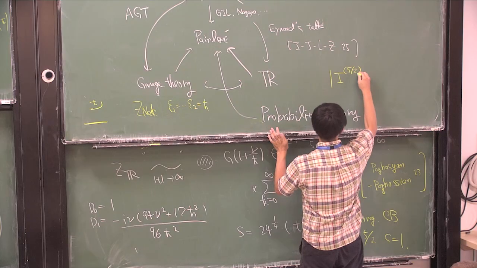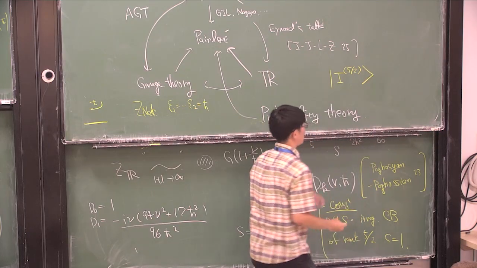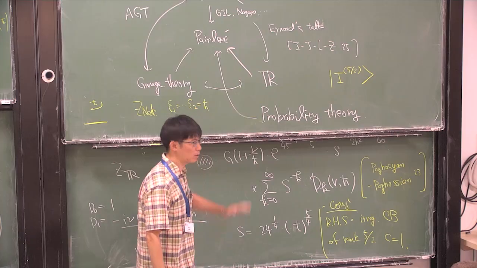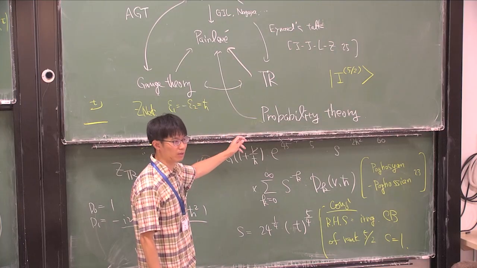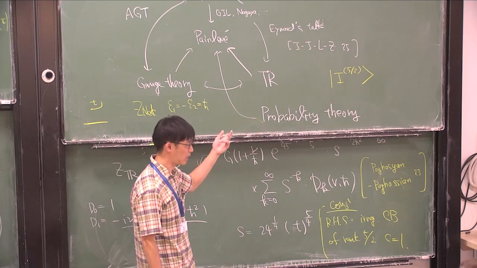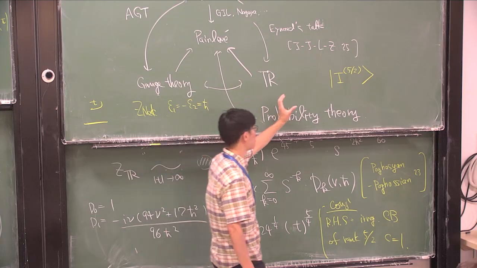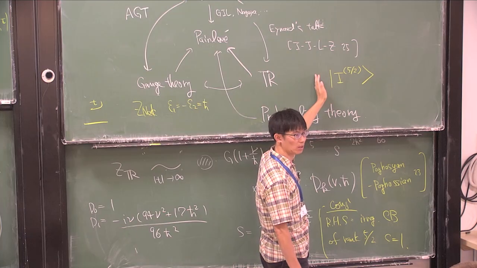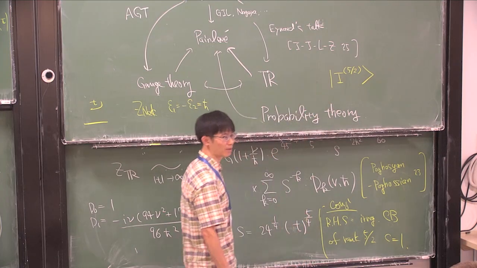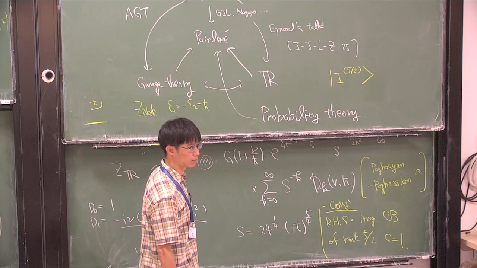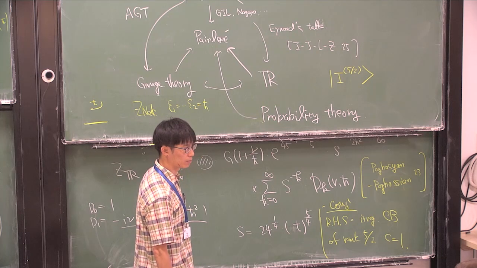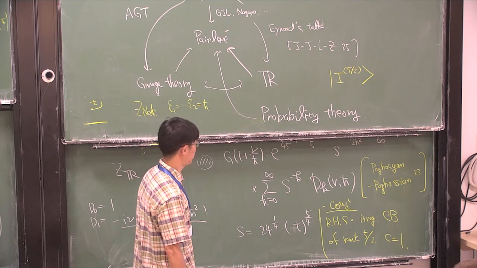It is some irregular state of rank 5/2. It's not a usual highest weight vector. So a usual highest weight vector is annihilated by positive Virasoro modes, but some of the positive modes can act non-trivially on it. But still, all the descendants have conformal weights that differ by integers, not by fractions.